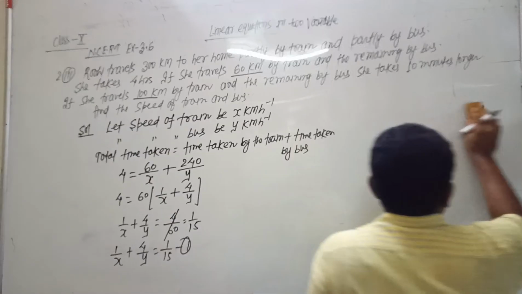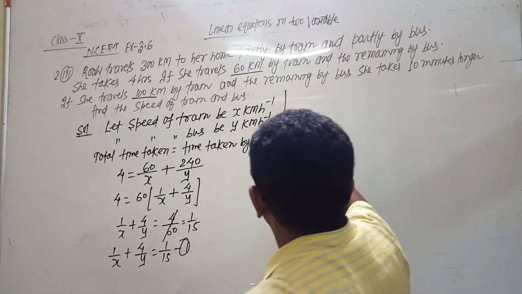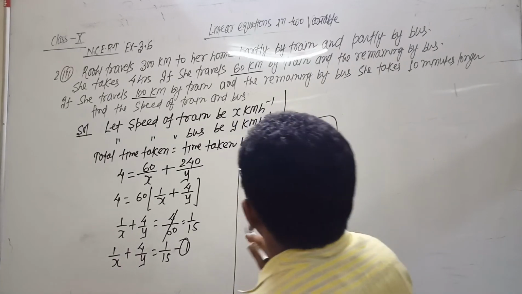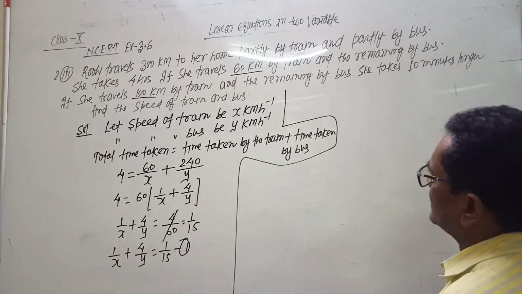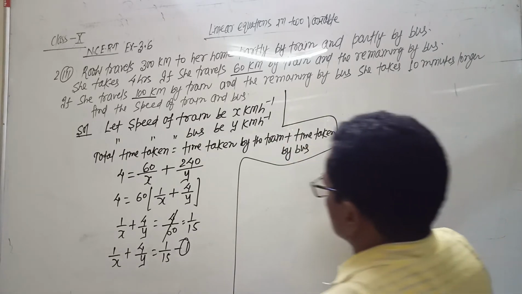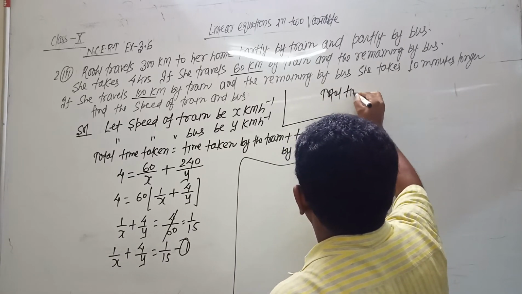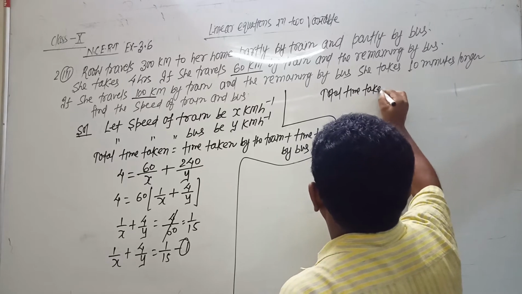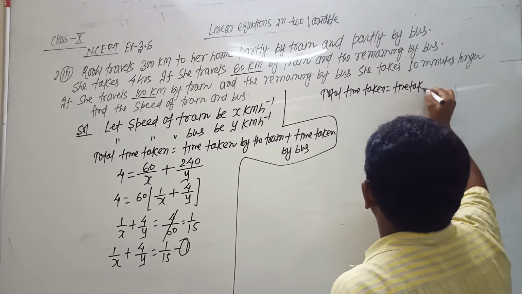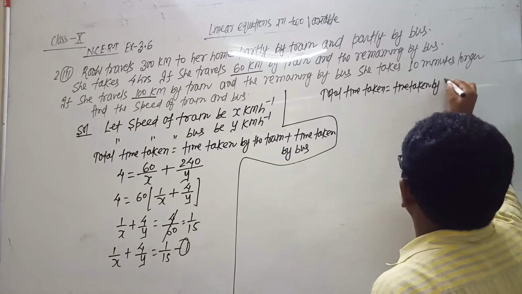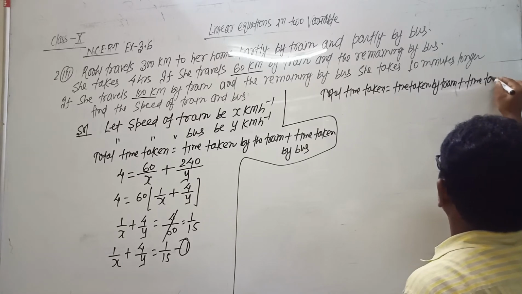Now the next part of the question is, if she travels 100 km by train and the remaining by bus. So again, total time taken equals time taken by train plus time taken by bus.